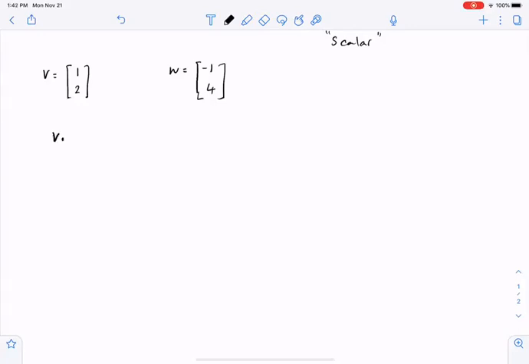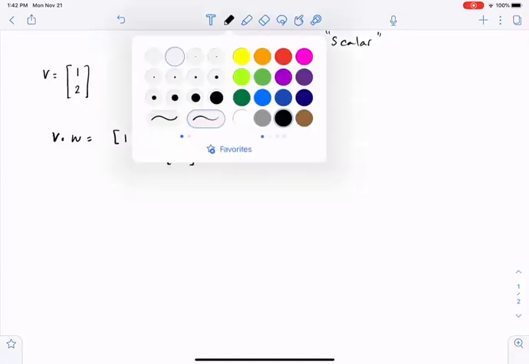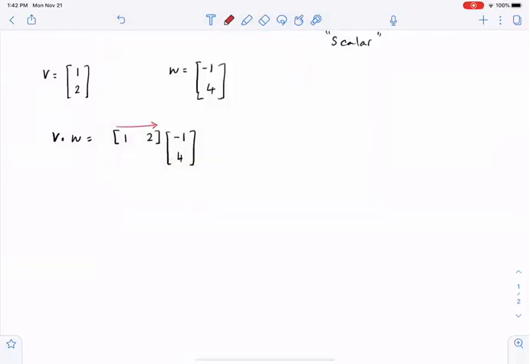So V dot W. The very first vector in the dot product, we typically flip, so the column becomes a row. So we have 1, 2. W is negative 1, 4. And run, jump.